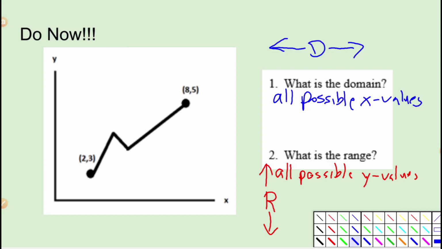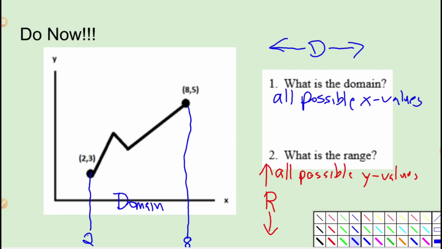Question, so what is the domain for this graph? It's this little squiggly graph. Well, domain, think of it like the little rectangle. We're going from here all the way to here. This is my domain, anywhere in between. And so what values will that take? Well, this is going to be at 2, and this is going to be at 8. How do we know it's 2 and 8 and not the 3 and the 5?